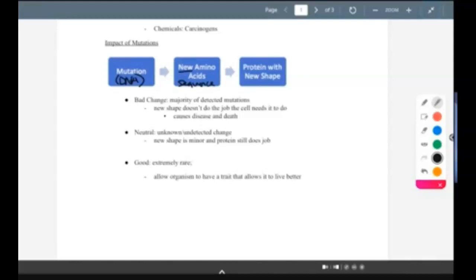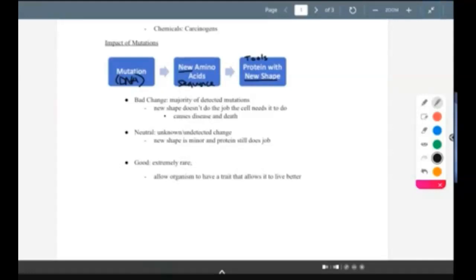So the mutation causes a new amino acid sequence, and because there's a new order of amino acids, you get a protein. Remember, we think of these proteins as tools. So tools with a new shape. And you might be thinking, well, new is good, right? But not necessarily.